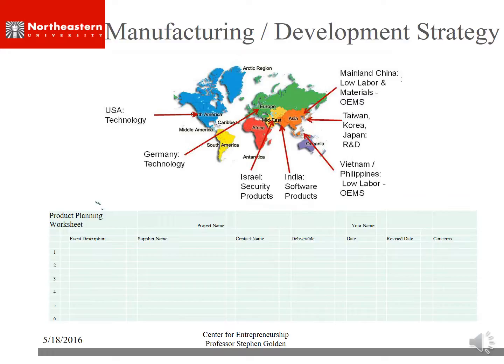We record the expected deliverable, what they will do for us, and the scope of work that we're asking them to do. We record the date that we got the information on when they think they can deliver, and if they revise the date, which they always do, we keep a record of that.